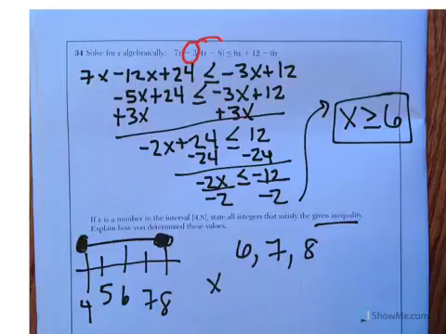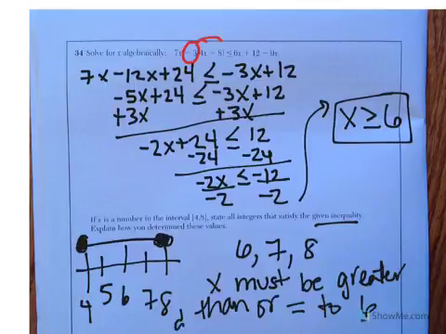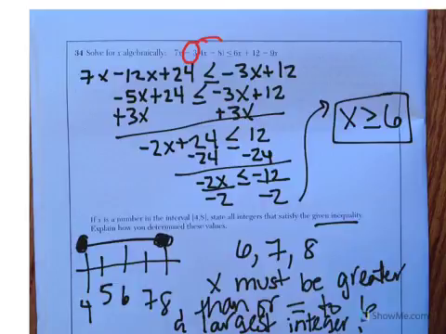Because x must be greater than or equal to 6 and the largest integer is 8 in my interval. So that's why I'm only using 6, 7, and 8.